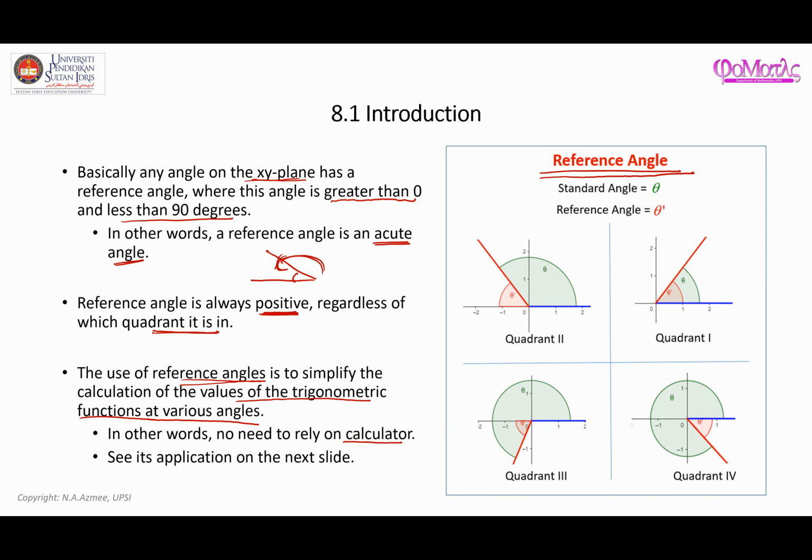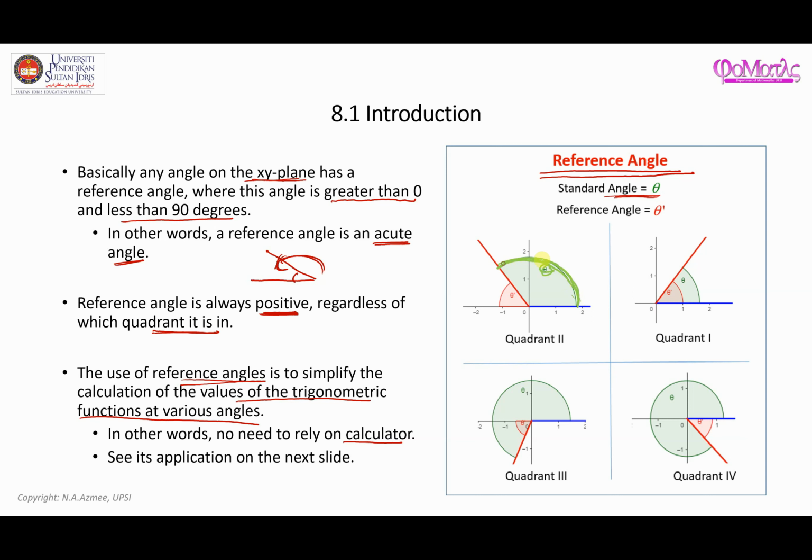And as you can see from this diagram here, the standard angle is represented by the green theta. You can think of it as the angle that you actually wish to find, wish to investigate. So this is the standard angle. Okay, so this is the theta that you are looking for. For example, you may want to find what is tangent of theta or cosine of theta and so on.